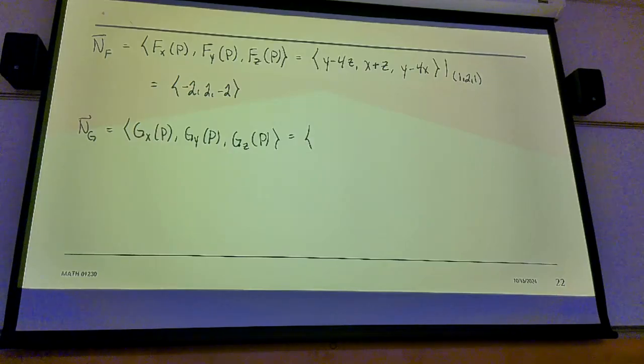G_y. G_z. Evaluated at (1, 2, 1). Negative 5, 1, 6. Now take the dot product.